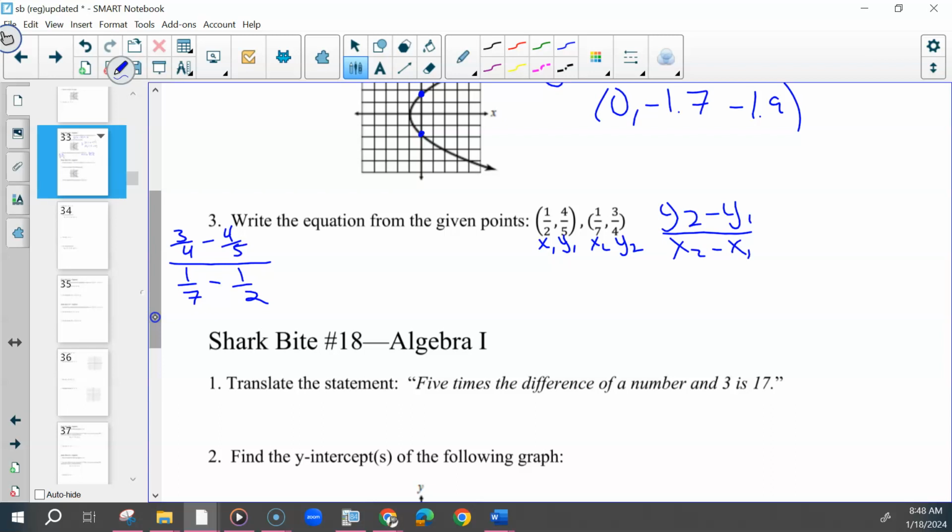So we could multiply this fraction by 4, this fraction by 5, this fraction by 7, and this fraction by 2. So all of your fractions would change. So we'd have 15/20 minus 16/20 all over 2/14 minus 7/14.